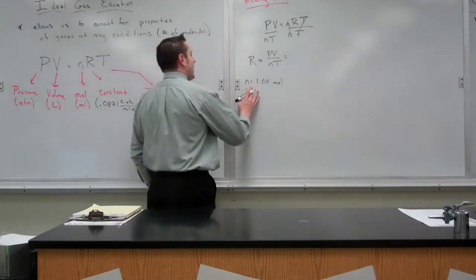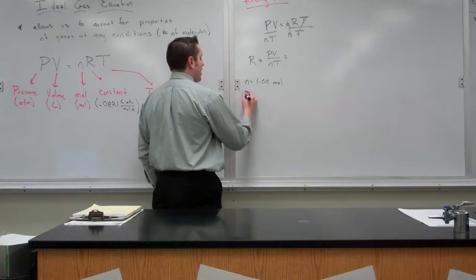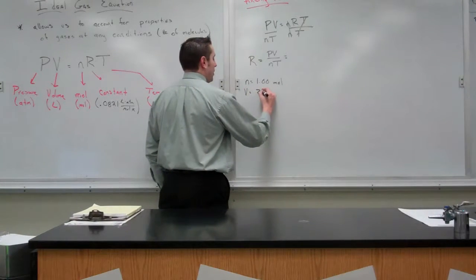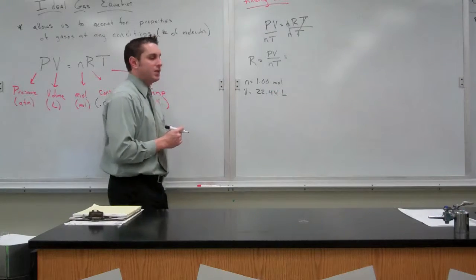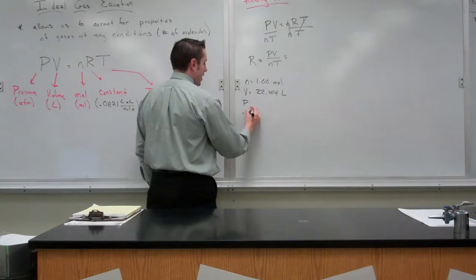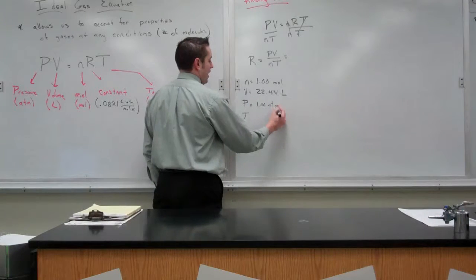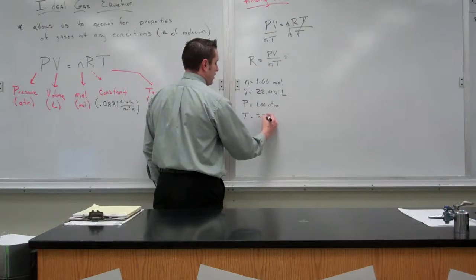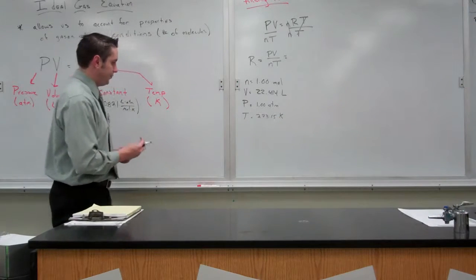The reason for that is it's the standard amount of a gas that we have many, many relationships to. For instance, if we have 1.00 moles of a gas, we know that it takes up 22.414 liters of space. This holds true so long as we are at STP, which would be 1.00 ATM and 273.15 Kelvin.